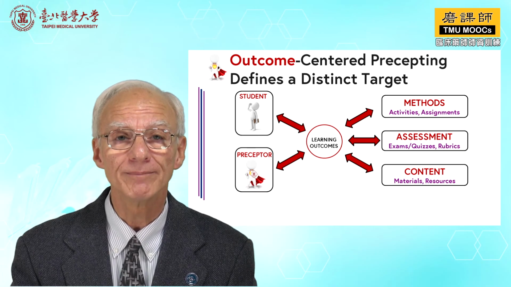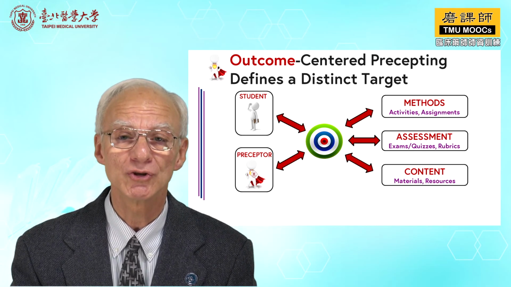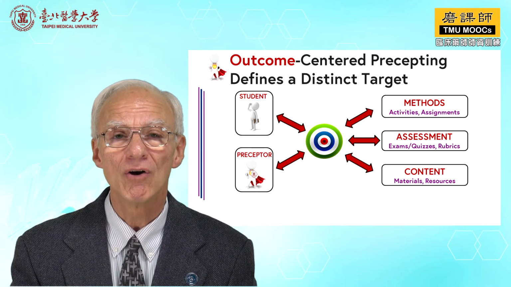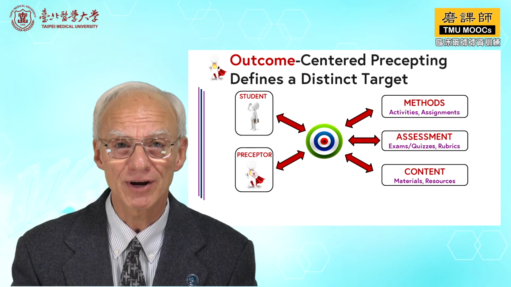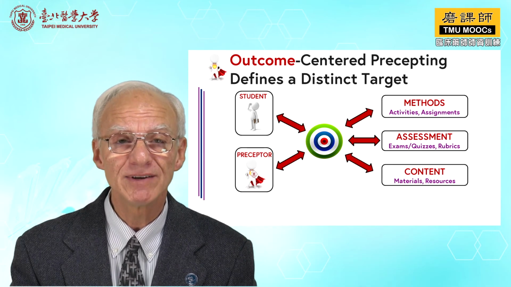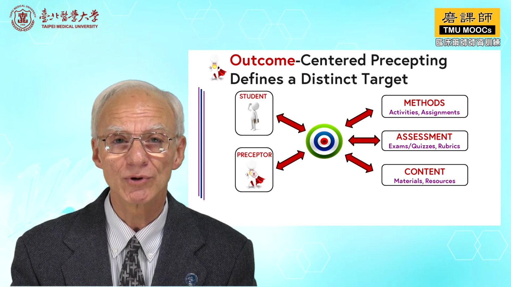Even more important, if the learning outcomes are viewed as a target, something to be achieved by both the preceptor and the student, it guides the 3 elements of education all in the direction of that target. The methods that the preceptor uses, the activities and the exercises that students engage in during their rotation.